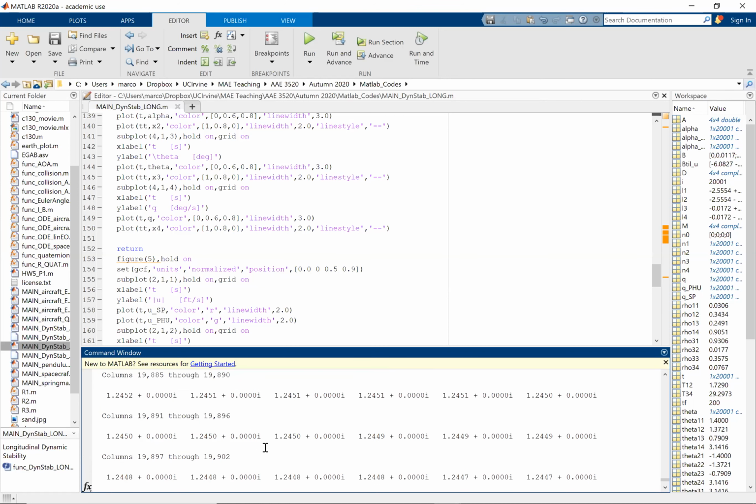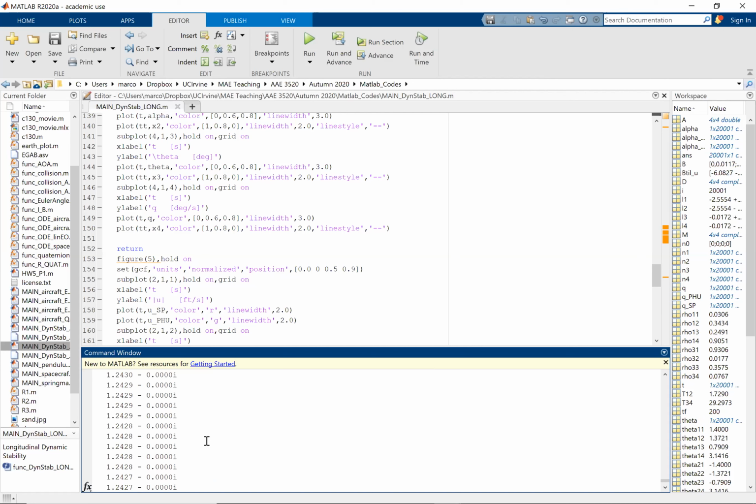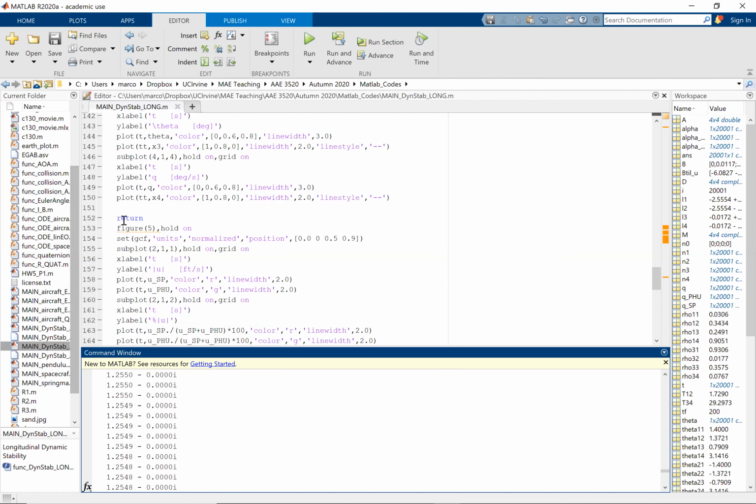It has some imaginary part, but it's so small that here it's 0, 0, 0, 0. We should really see with the long format, but it's pretty much 0. But MATLAB is telling you, watch out, these values are complex, so I cannot really plot complex numbers. I'm just going to plot the real part. It's fine because the imaginary part is really, really small. But always check it and double check what you're doing.